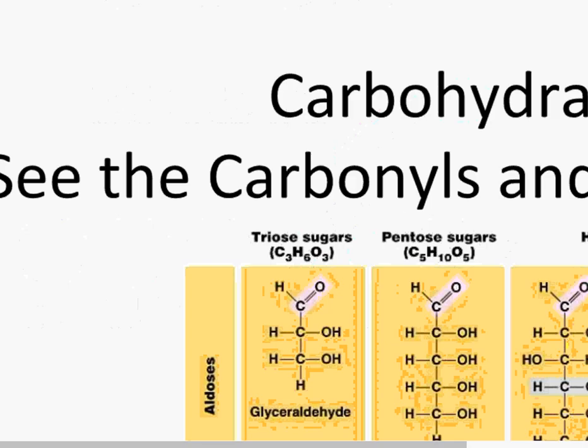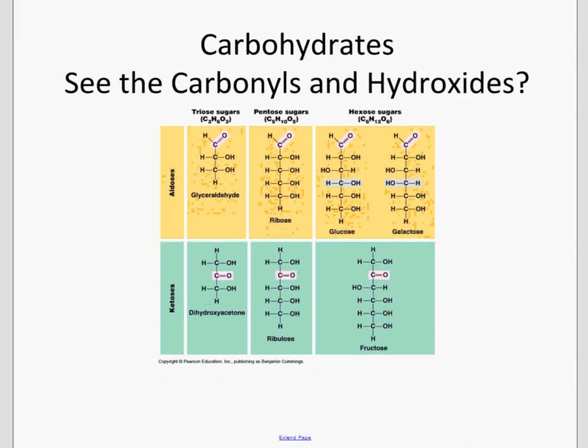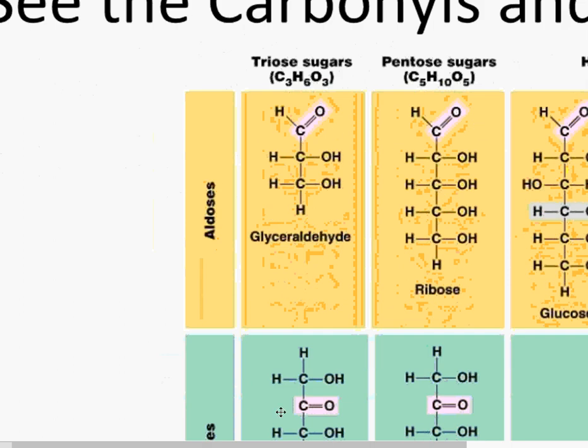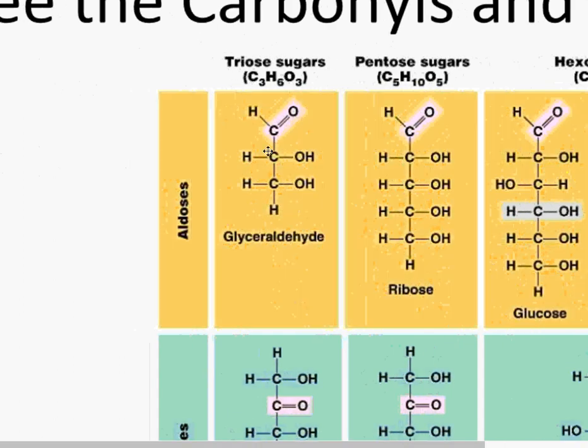And so first we're going to look at carbohydrates. There are four groups of macromolecules: carbohydrates, lipids, proteins, and nucleic acids. So first we'll look at carbohydrates, the simplest of the macromolecules. Carbohydrates are easy to recognize because they have very regular proportions of carbon and oxygen.